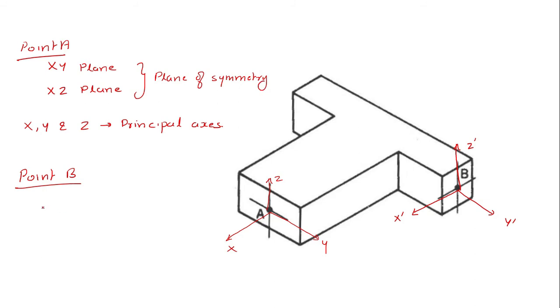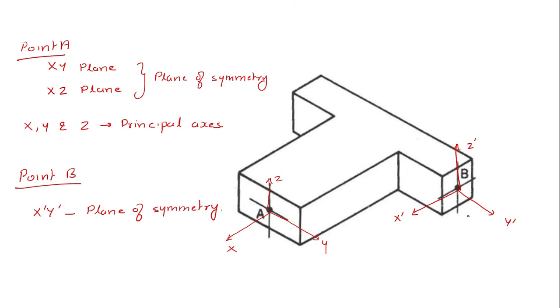In this corresponding point B, there is only one plane of symmetry. So x dash y dash is the plane of symmetry, and this z dash axis is normal to the x dash y dash plane.